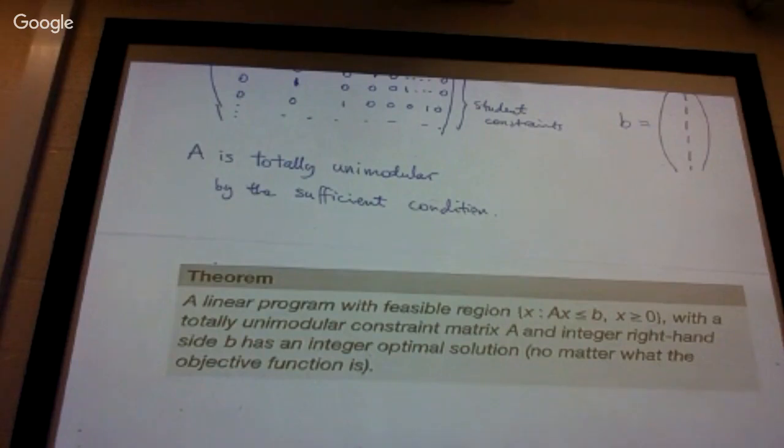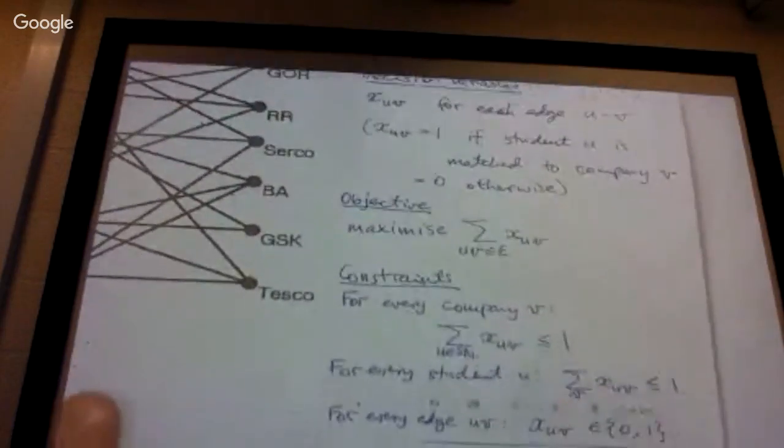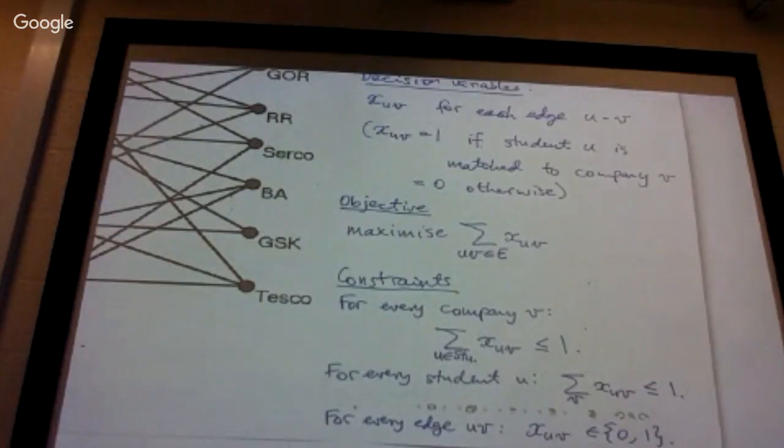What does that mean for our problem? Is that a good thing or a bad thing? If you wanted to solve this, say using branch and bound, what would you do?